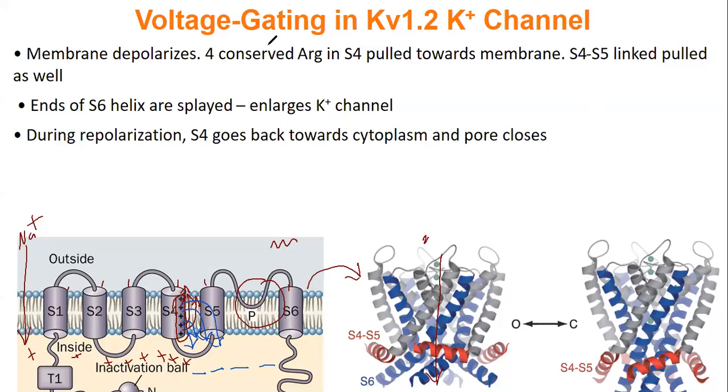So that's mainly how the pore opens up and how it closes. It's all because of 4 conserved arginines. If you mutated these arginines away, that is, you changed them into something like asparagines, that neuron would no longer work. It would no longer open the potassium channel, and you would never propagate a signal.